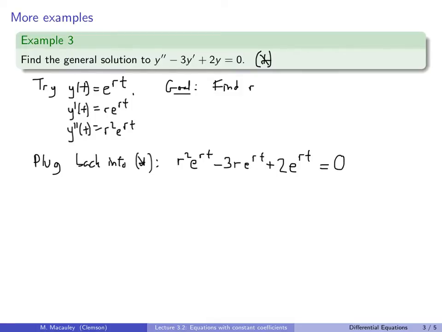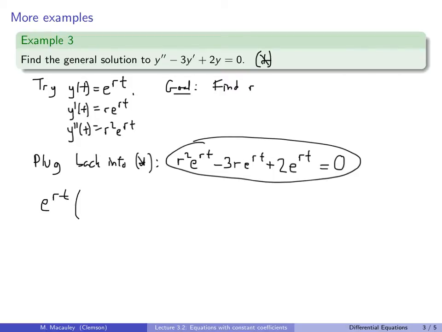So when we plug it back in, we get this equation, and now we're going to factor out e to the rt. So we get e to the rt times r squared minus 3r plus 2 equals 0.